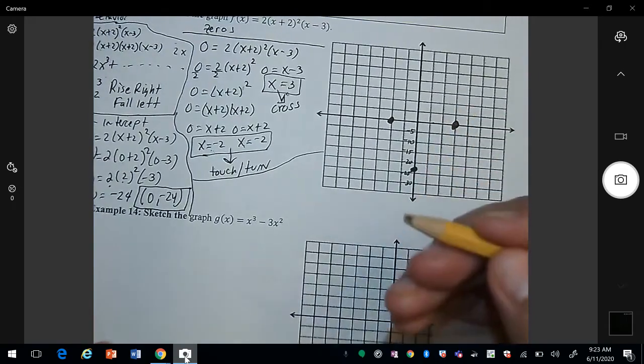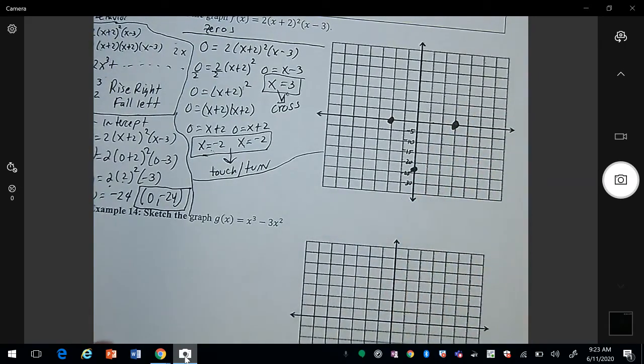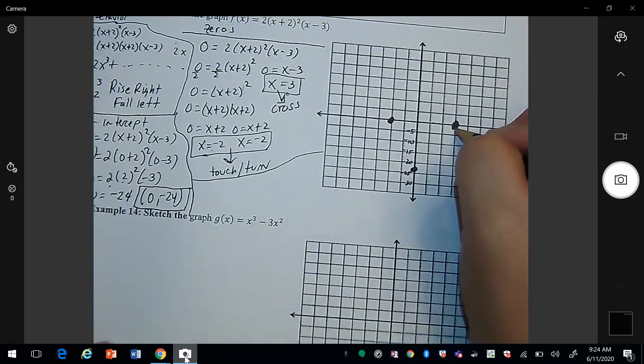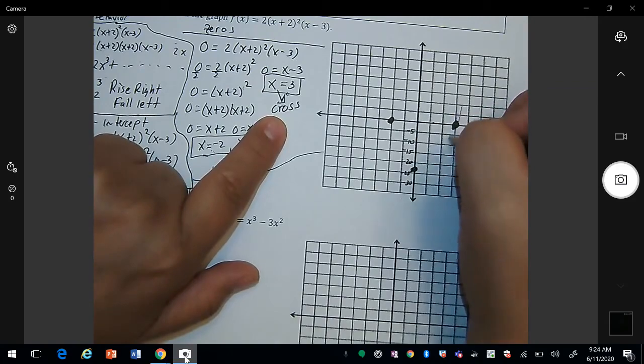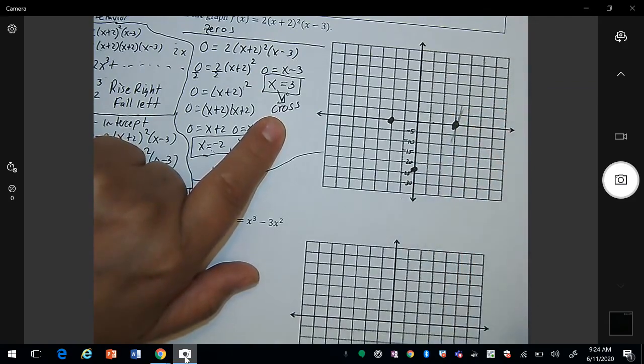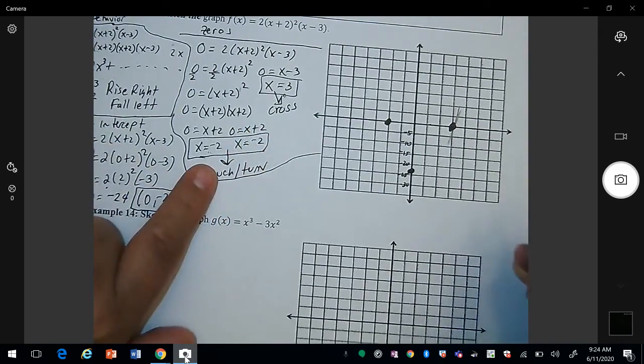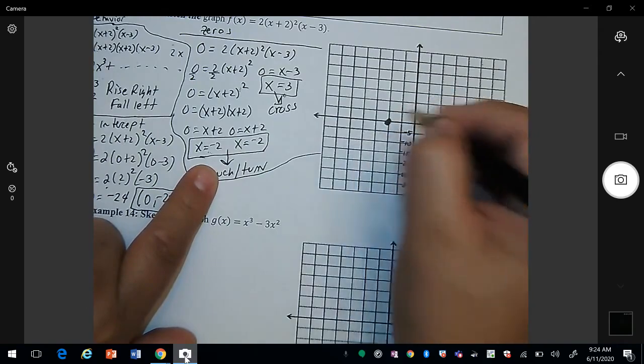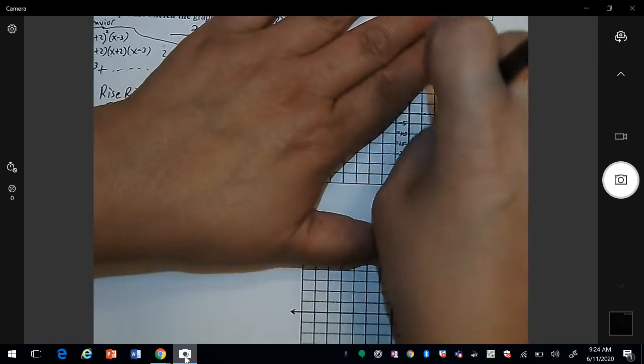So I encourage you to use a pencil first so that you can adjust your graph later. Okay, so here at this point, x equals 3, the graph crosses, so it's going to look something like this. And then at x equals negative 2, it's going to touch and turn. So right now the graph might touch, let's apply the end behavior first.